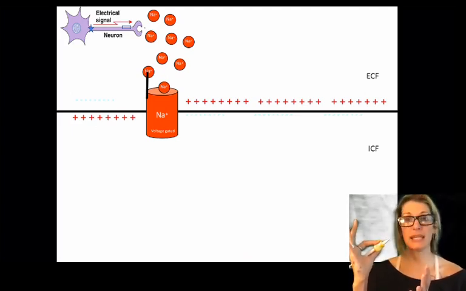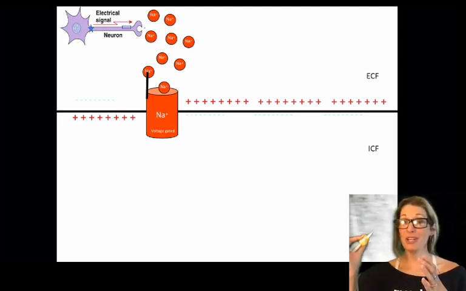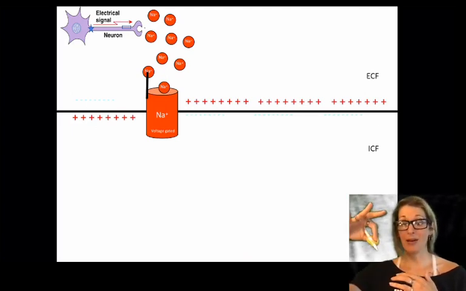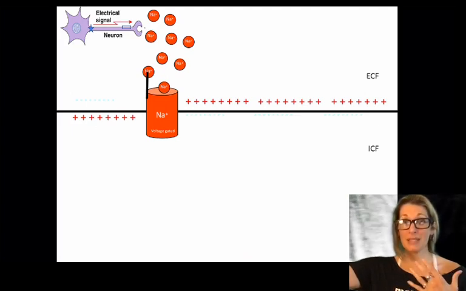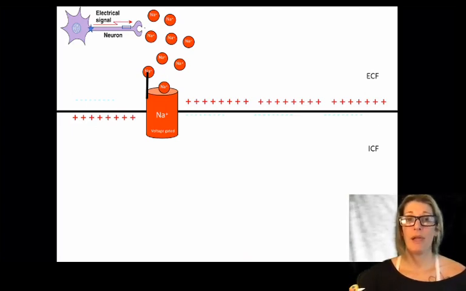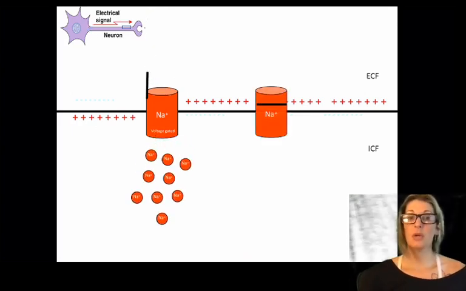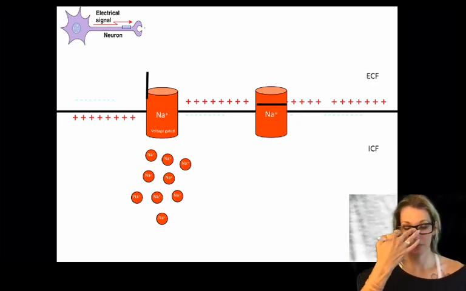So these aren't stimulus-gated anymore. These are voltage-gated. If we open a channel, remember, we're in the axon now. We still have a ton of sodium outside of the cell. So what's that sodium going to do? It's going to flow down its concentration gradient into the cell. Okay, we get sodium flooding down its concentration gradient into the cell.